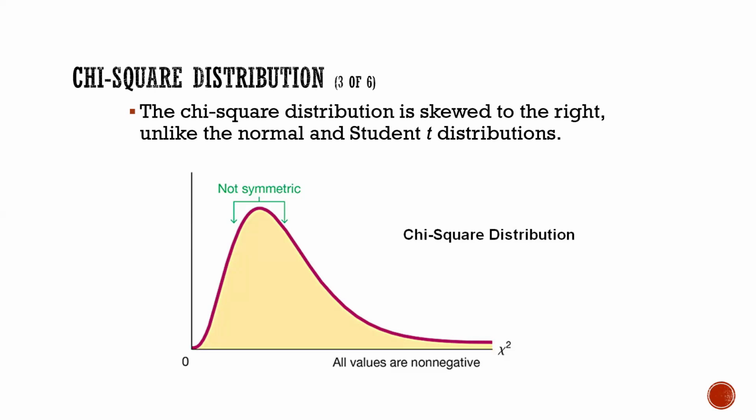Now, chi-squares also involve degrees of freedom. Do you remember what happened to the t distribution? As you had more degrees of freedom, it became more and more like what distribution? Say again? Normal. Same thing with the chi-squared distribution.